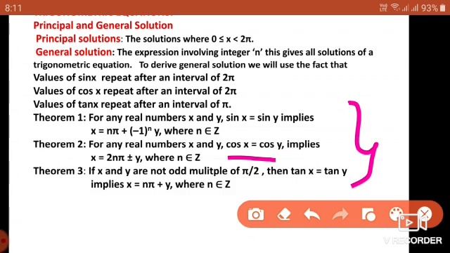If x and y are not odd multiples of pi by 2, then tan x equal to tan y implies x equal to n pi plus y. So wherever sin x equal to sin y, you have to write the general form as x equal to n pi plus minus 1 the whole power n. Similarly for cos and tan, you have to write it.